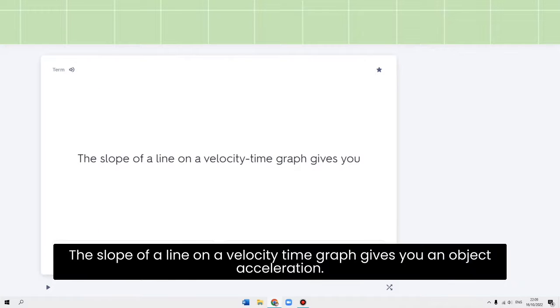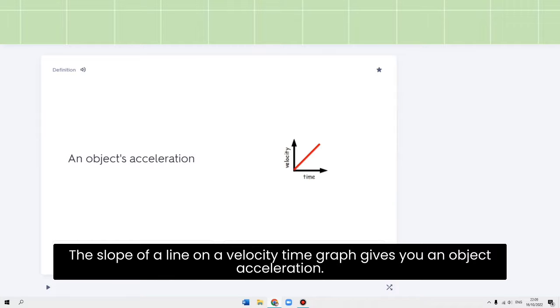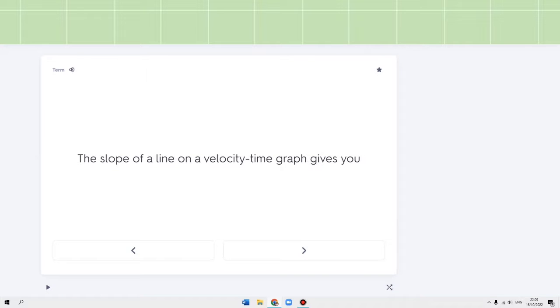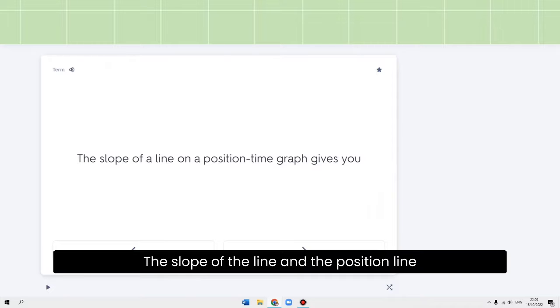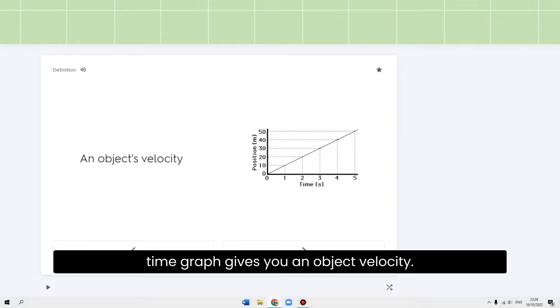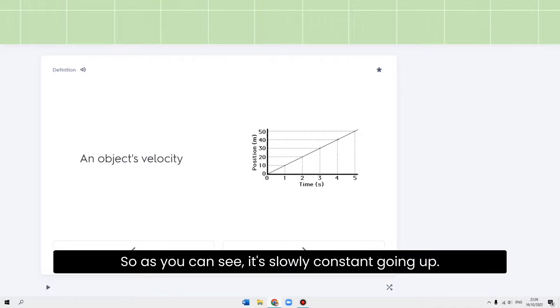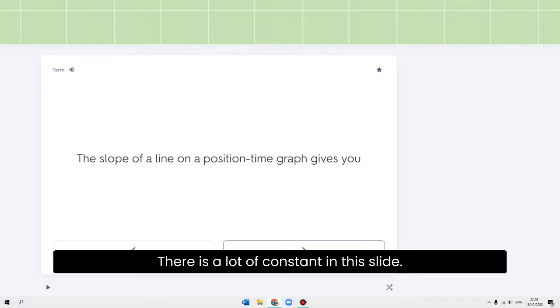The slope of a line on the velocity-time graph gives you the object's acceleration. Acceleration is closely related to velocity and time. The slope of a line on the position-time graph gives you the object's velocity. As you can see, it is slowly and constantly going up.